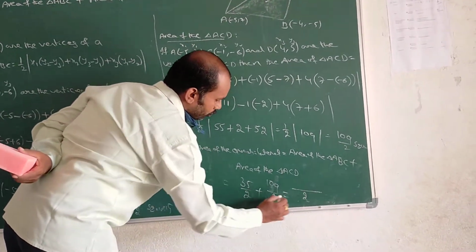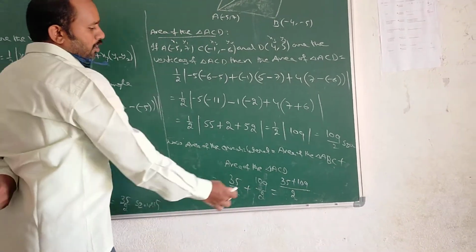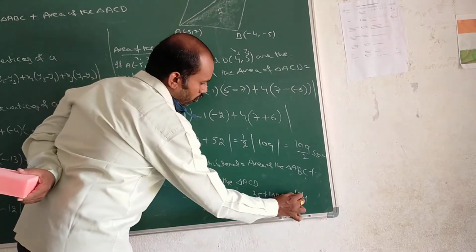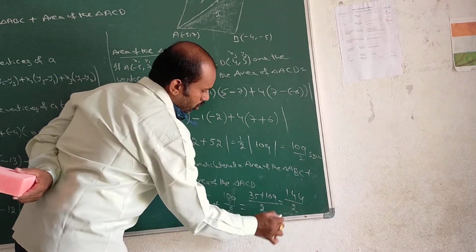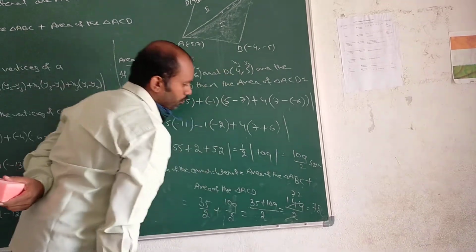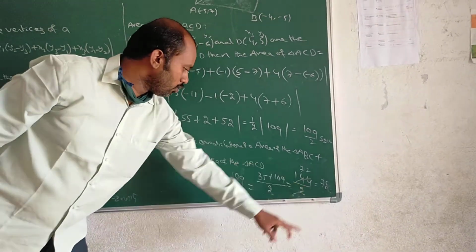Here the denominator is 2, LCM. 35 plus 109, add it: 9 plus 5, that is equal to 14, 3 plus 1, 4, 144 by 2. Now simplification, 7 times 2 times, that is equal to 72. Here what is the area of the quadrilateral, how much you get? 72 square units.